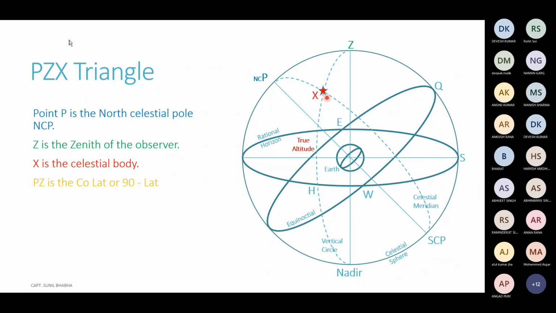Now let's concentrate our attention on the Earth in the center. You see this circle here represents the equator. And this particular position, which is exactly on top of the Earth in our diagram, represents the observer's position.